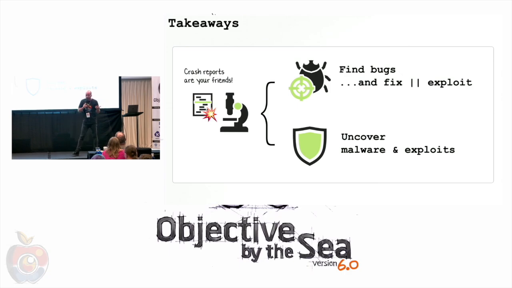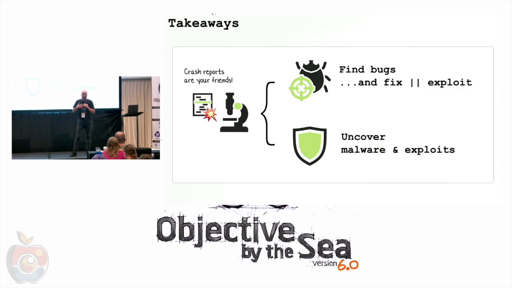If you're a developer, crash reports are also your friends because, as I just mentioned, they have the information for you. However, I think that crash reports are also very useful in a myriad of other ways that we walked through. If you are looking for security vulnerabilities or bugs, crash reports may have that.